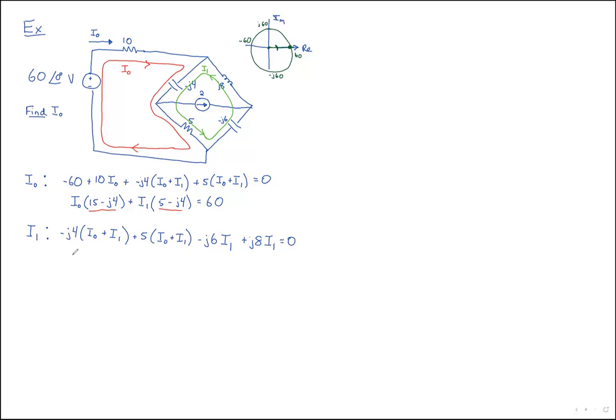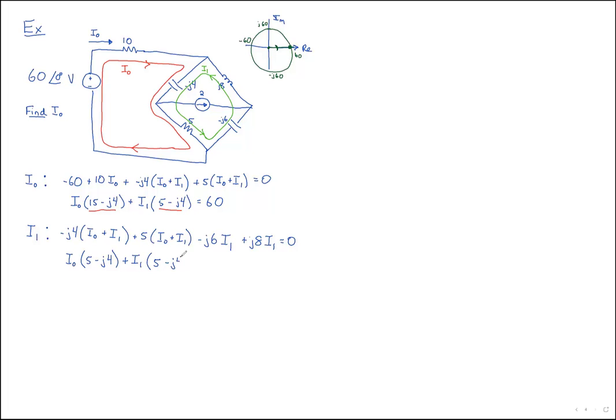So now to simplify this, we say, how much I naught do we have? We usually write the real part first. So we've got 5 from here minus J4 from here. How much I1 do we have? Again, we usually write the real part first. We've got 5 from this. We've got a lot of imaginary parts.